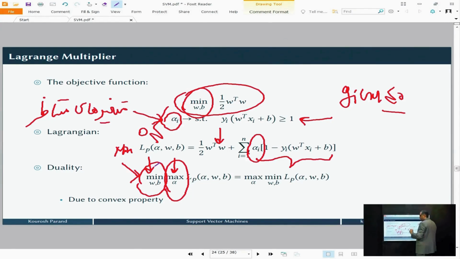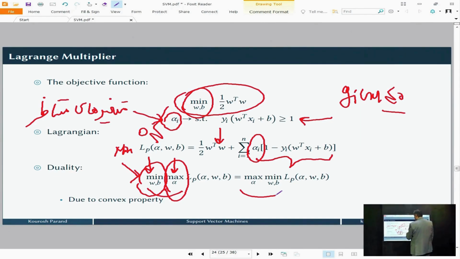Since this problem, as previously explained, is convex, you can actually swap the min and max. Please pay close attention to this. You can't just swap the min and max anywhere you like. Here, because of the convex property, you can do this. So minimizing over w and b and maximizing over alpha is the same as maximizing over alpha and then minimizing.